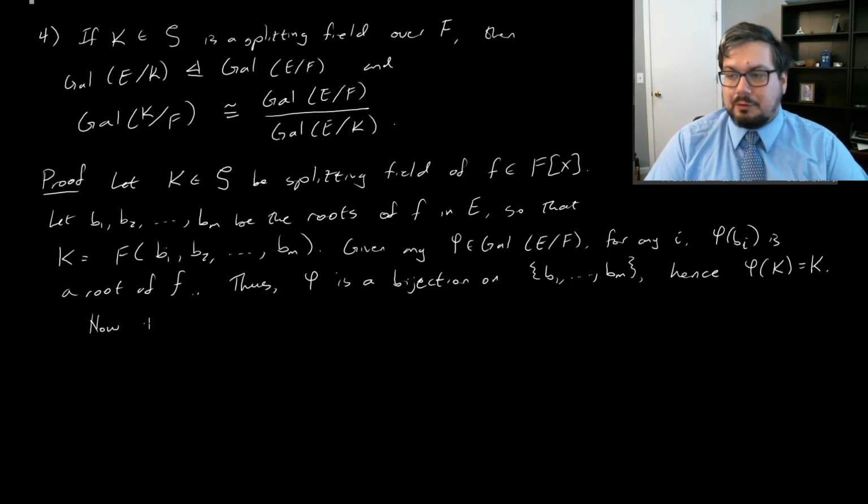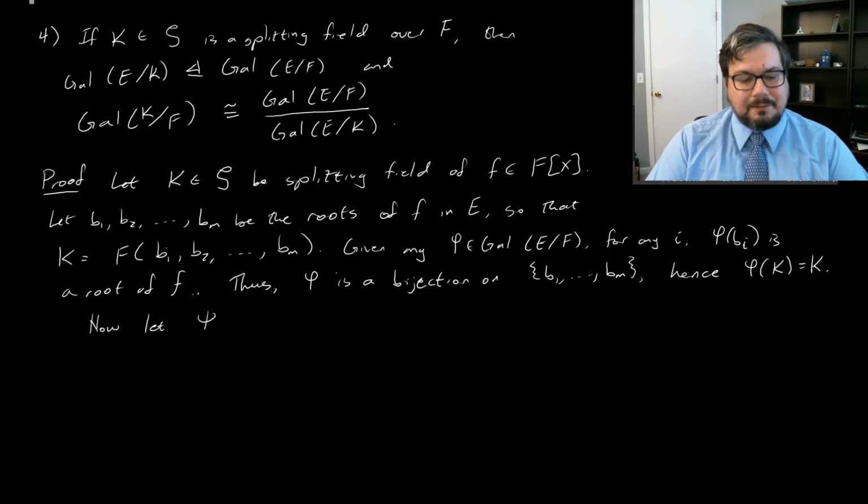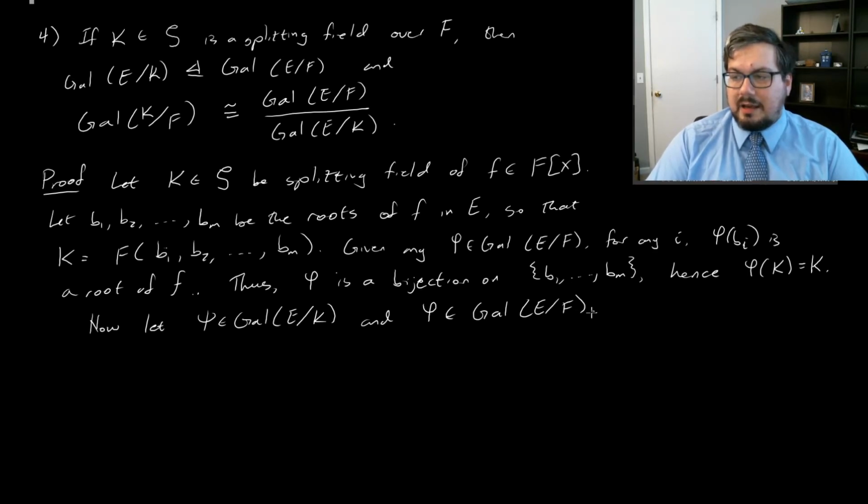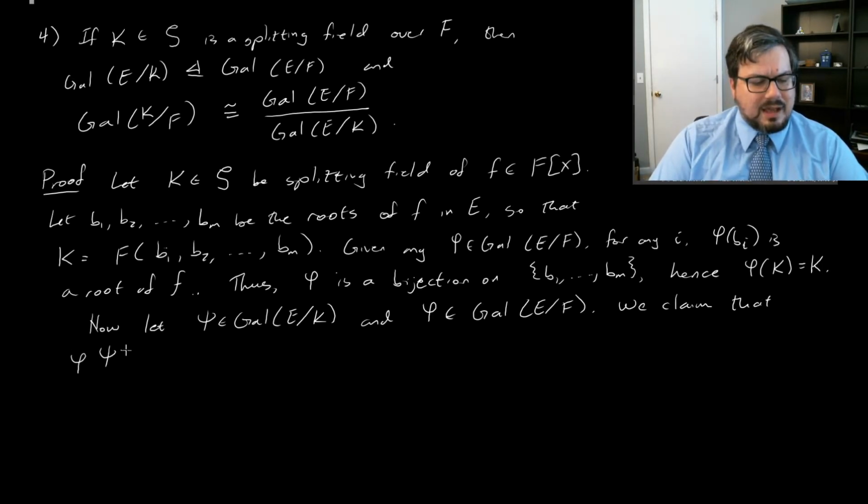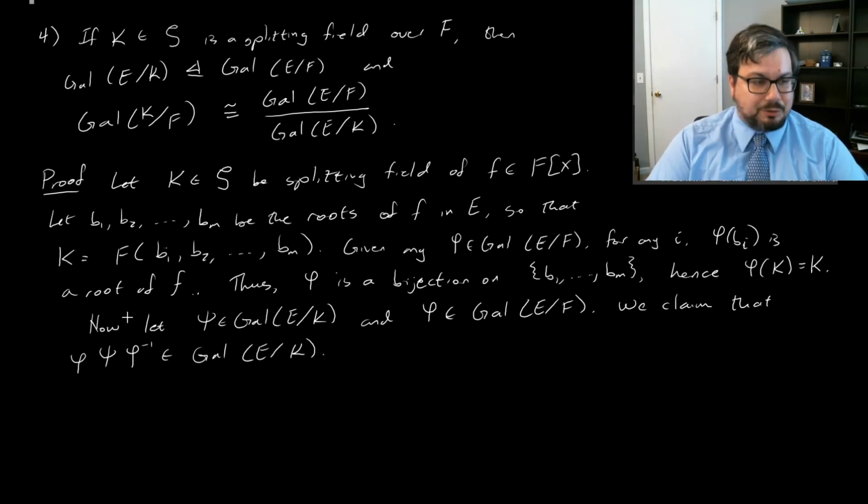So that's what we're going to prove now. So let's let psi be in the Galois group of E over K, and let's let phi be in the Galois group of E over F. Now we claim that phi psi phi inverse is in the Galois group of E over K. This is what we need to prove in order to show that the Galois group of E over K is normal.